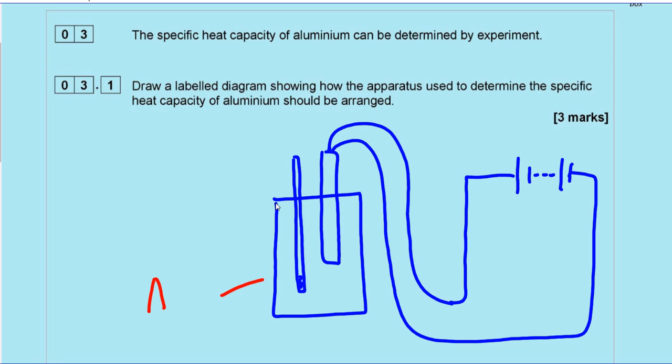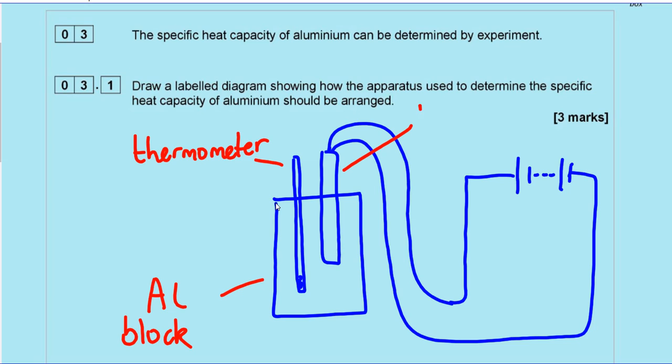I've got my aluminium block, I have got my thermometer, and I have got my immersion heater. I've got my power supply.